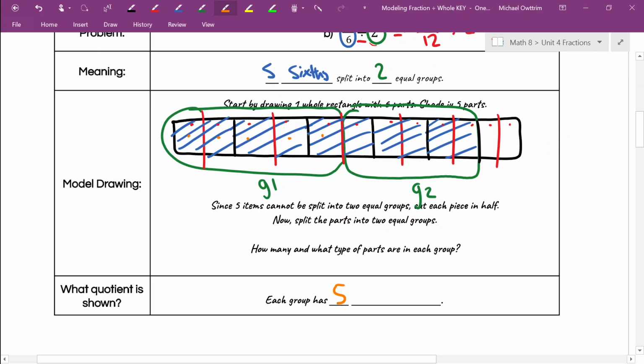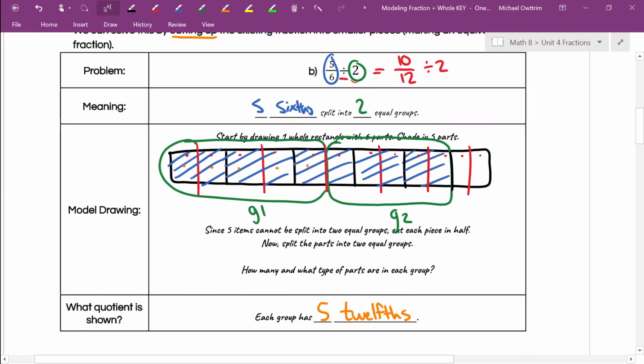And those parts are each out of 12 in the whole. And so we can say that we have 5/12 overall. And we can say our solution here is 5/12 symbolically.